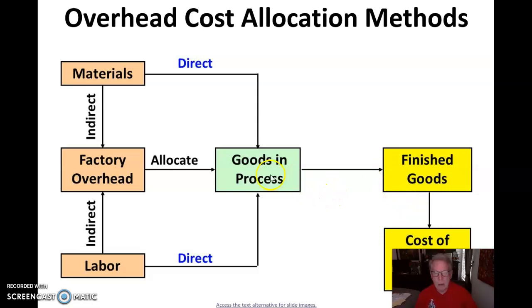As we complete the work in process inventory, the finished goods are made, and we either keep it or we sell it. If we sell it and we're a manufacturing firm, we're going to adhere to the expense recognition principle.